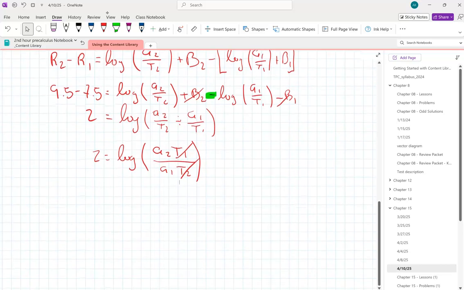So all we need to do now is cancel out that logarithm, and we're going to have what we're looking for, the A2 divided by A1. What do I need to do to cancel out that logarithm? What cancels out a logarithm? A logarithm doesn't cancel a logarithm. It's the other one, the exponent base.